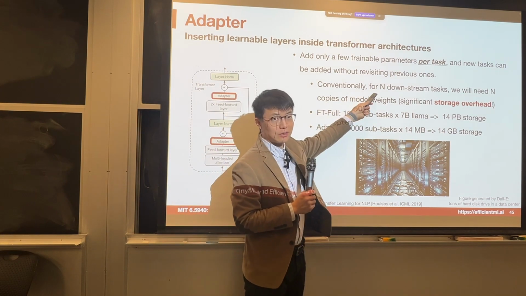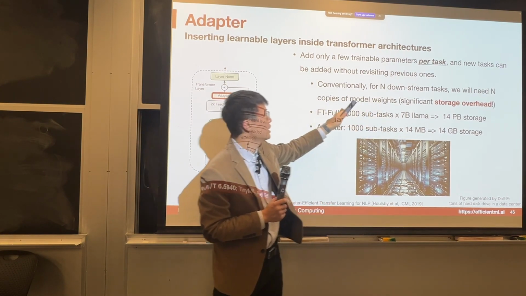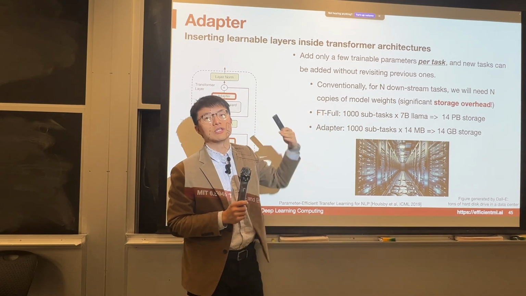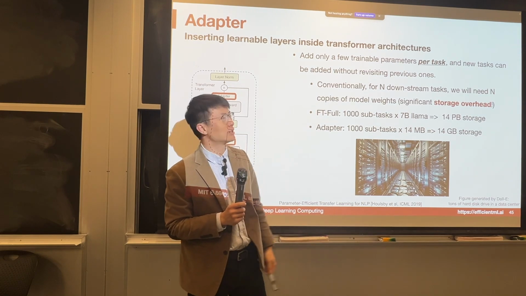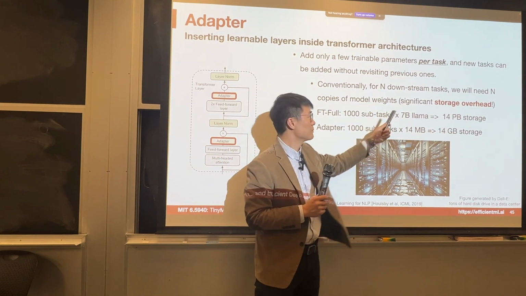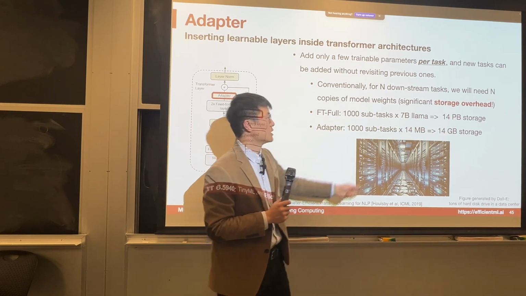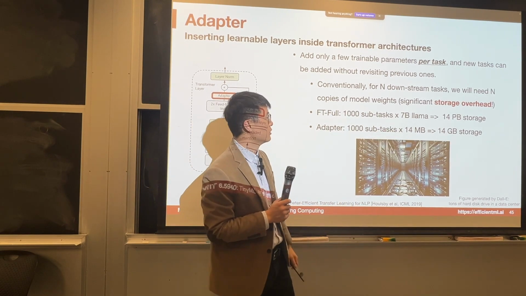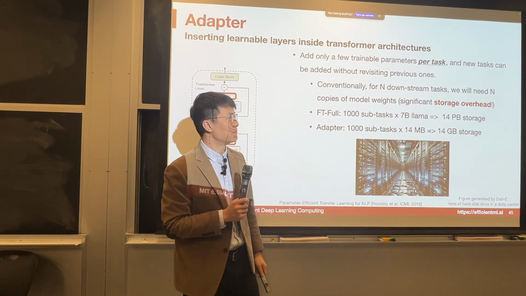Conventionally, you have n downstream tasks, you have law, you have commerce, etc. We will need n copies of the model. If each one is Llama 7B, you need a 7n billion parameter model. That is pretty big. Imagine we have 1,000 subtasks, 7B Llama, so that requires like 14 petabytes of storage if it's FP16.